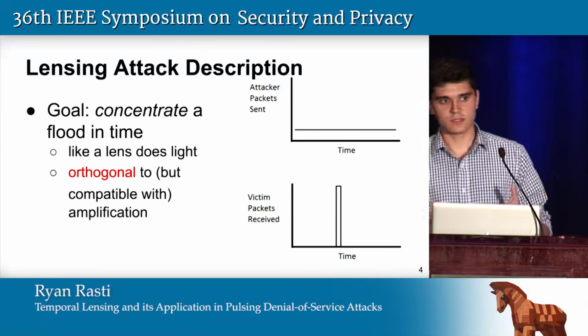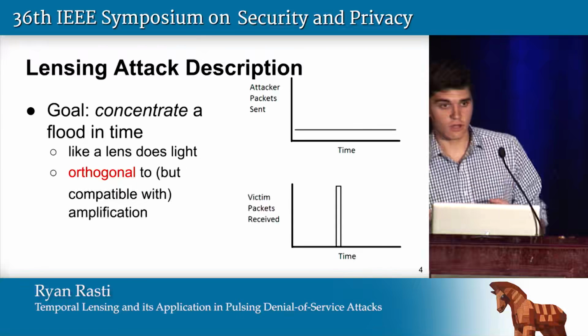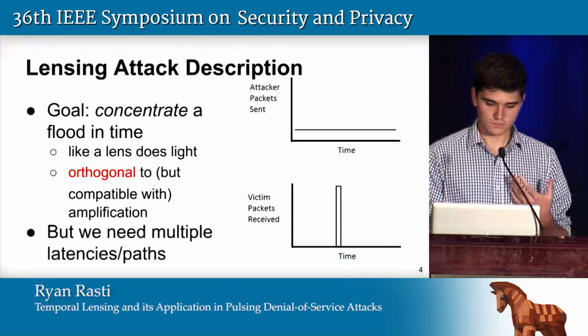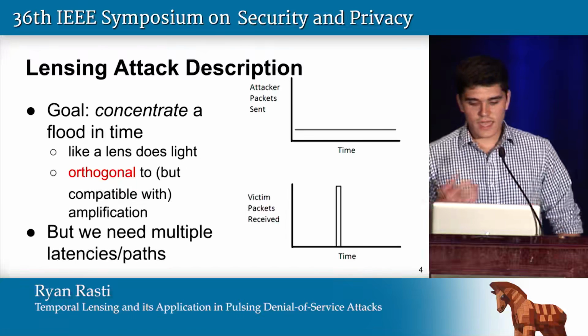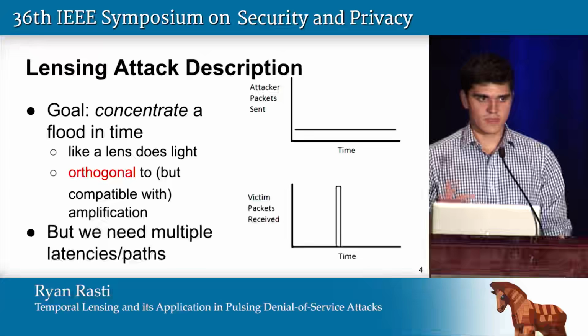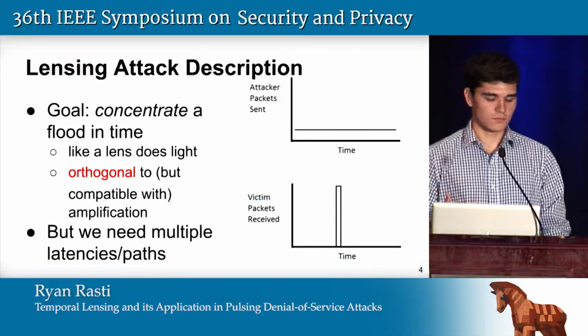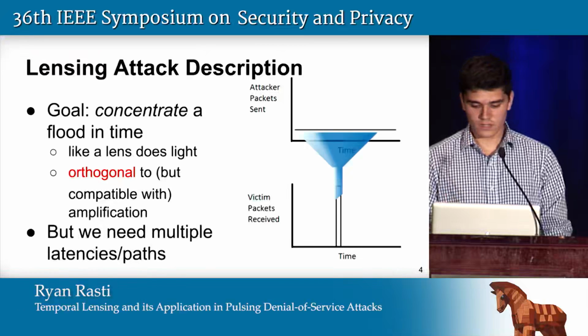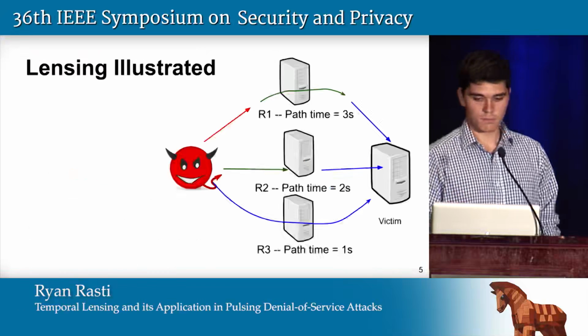And this attack is going to be orthogonal to, but also compatible with amplification. And so to actually leverage it, we need multiple latencies and paths for an attacker to send to, right? And so we're going to do that by using reflectors, right?